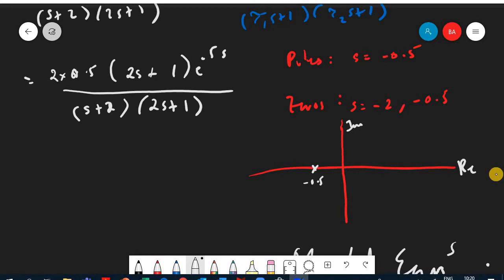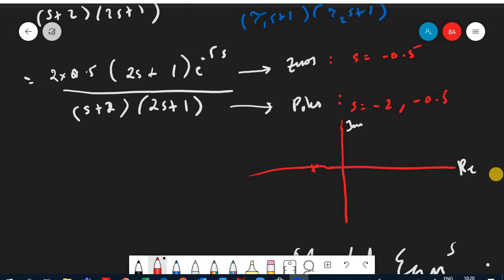What about the zeros? Oh my god, I confused you, because the numerator should give the zeros, right? Here we have the zeros, and here we have the poles. Coming back after this confusion, s = -0.5 and s = -0.5.